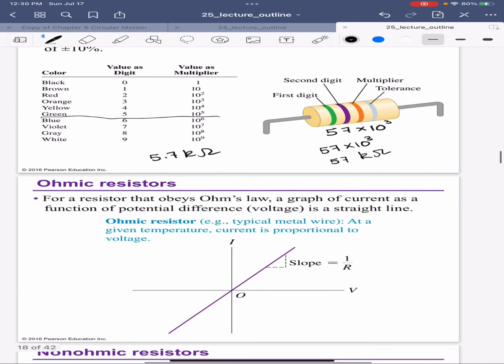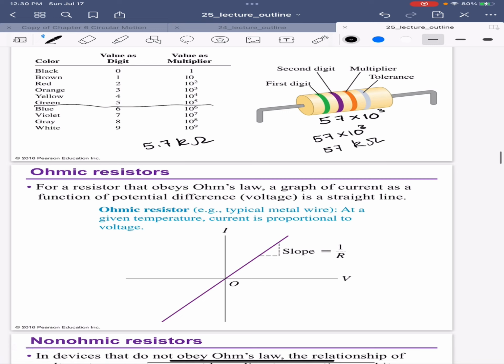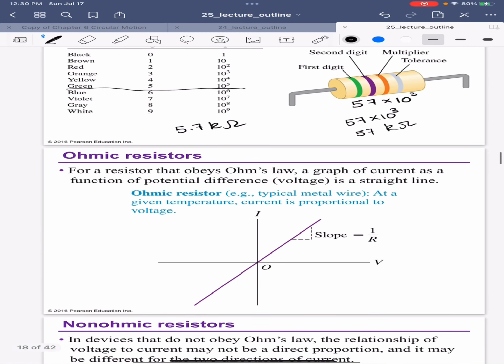For a resistor that obeys Ohm's law, if we do an experiment, we will find that V versus I, or I versus V, is going to be a graph like this.